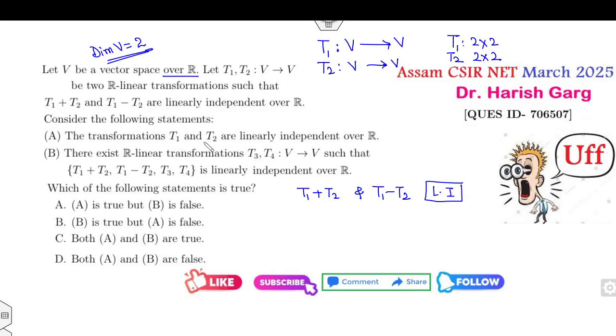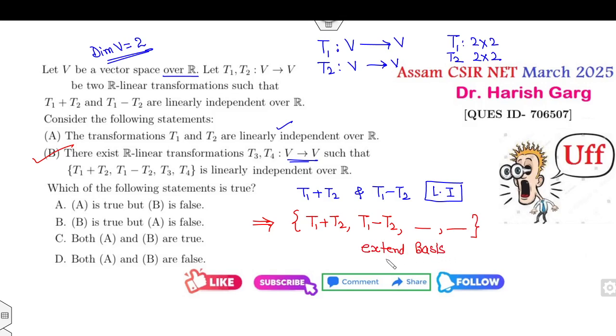The individual transformations are LI, or there exist linear transformations T3 and T4 from V to V such that they are LI. I think this option is correct because T1 and T2 are LI. So once they are LI, you can easily extend the basis.